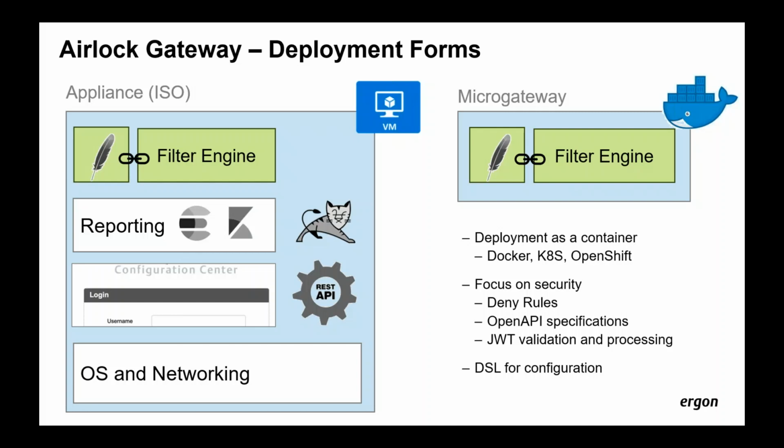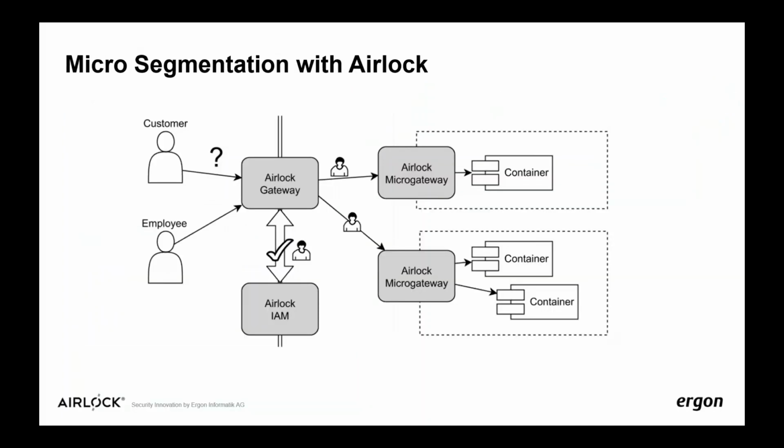As you can see, not everything from the appliance went into the Microgateway. Sometimes people would still like to have the features of the appliance, but use the Microgateway as a filtering service in front of their own service. The typical setup is to have an Airlock Gateway in the front, which acts as a policy entry point.